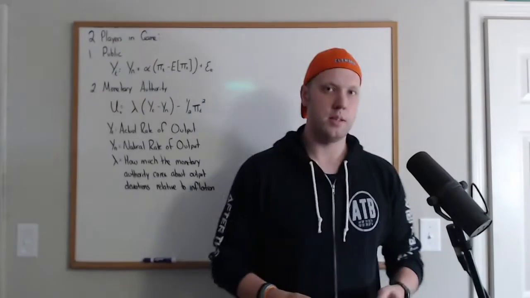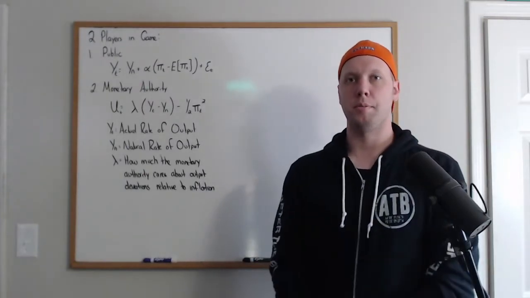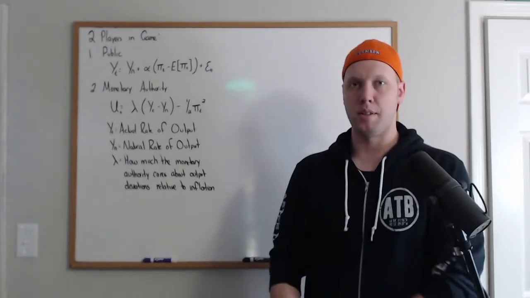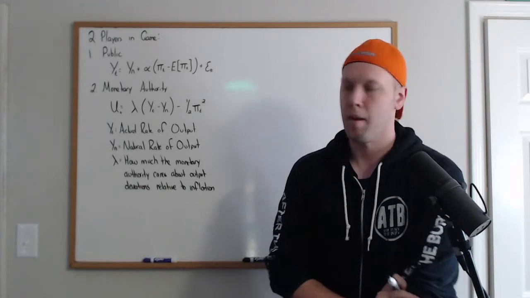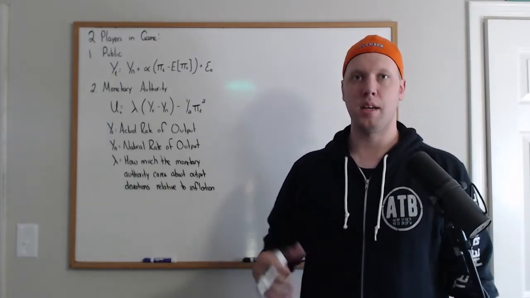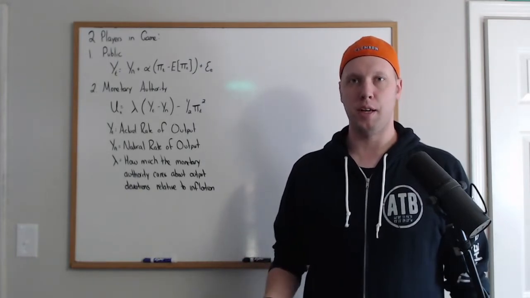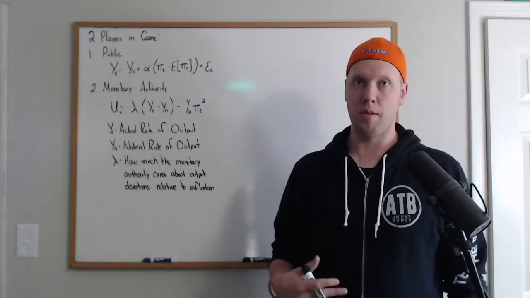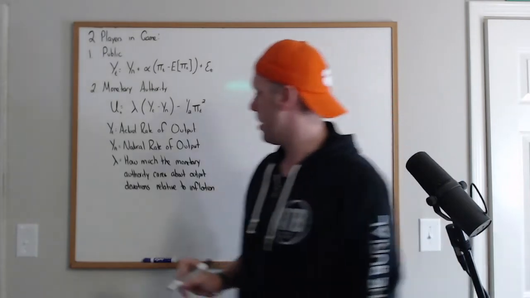Lambda is essentially how much the central bank cares about deviations of output from its natural rate relative to inflation. If lambda is high, that means they care more about output than they do inflation. If lambda is low, they care more about inflation than they do output.